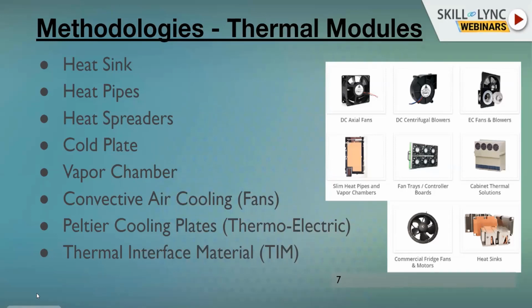There are other techniques like Peltier cooling plates, TEG, TEC, thermoelectric coolers. And the most important item in electronic cooling simulation is thermal interface material. We call it TIM. Thermal interface material is a kind of gel or grease material which we always keep between the heatsink and the processor.